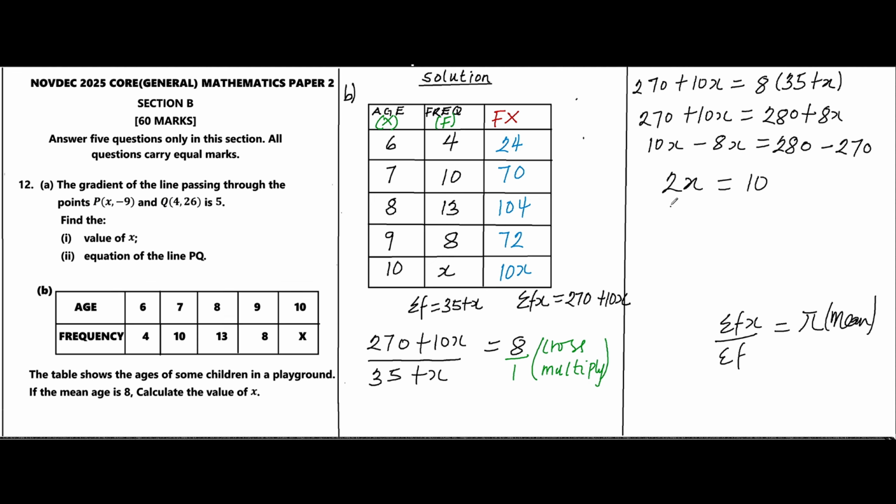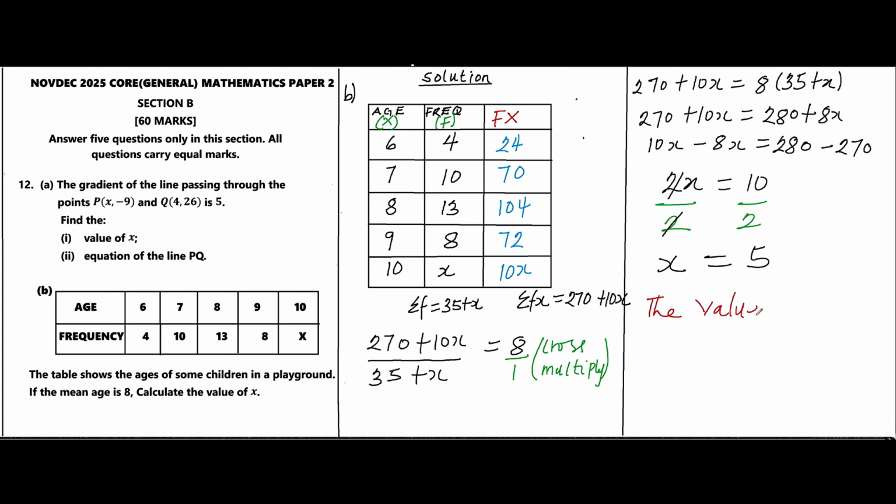We are looking for the value of x, so we divide both sides by 2. So 2 will cancel out, leaving x equal to 5. So we can conclude that the value of x is 5.